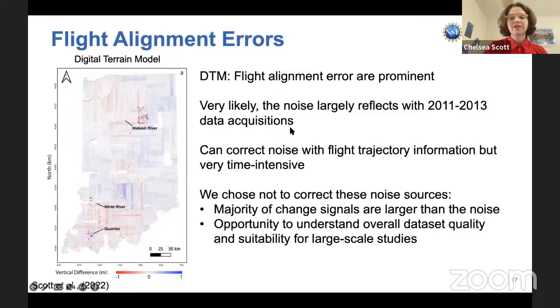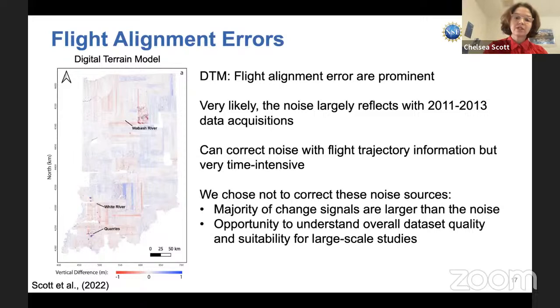And very likely this source of noise reflects the earlier data acquisition from 2011 to 2013. And that is because the dataset boundaries or the dataset acquisitions are aligned with the change in orientation of these stripes.